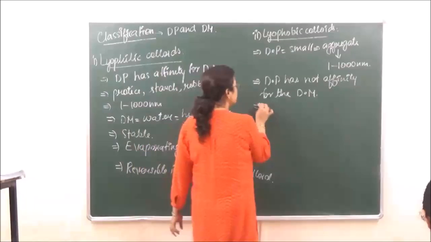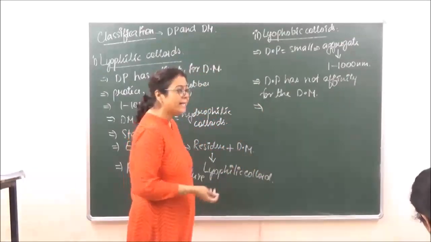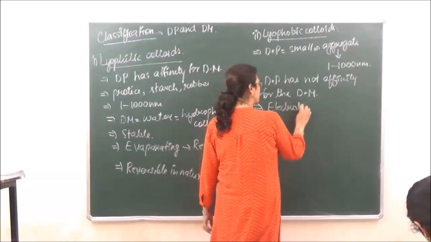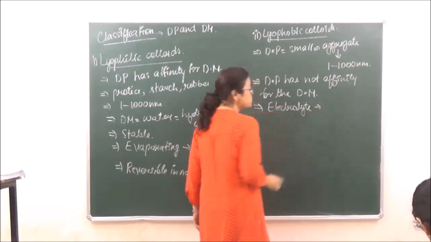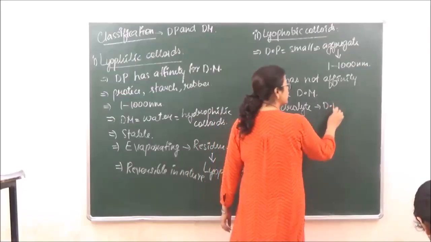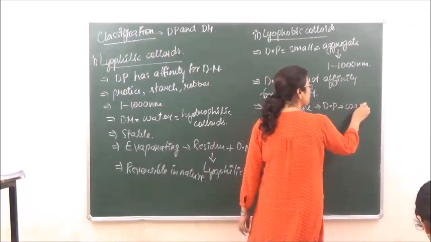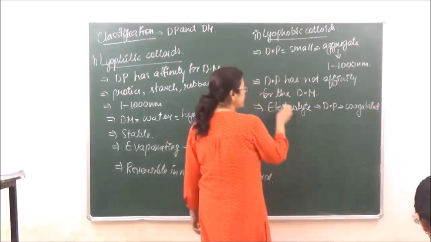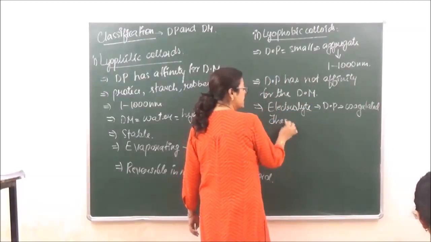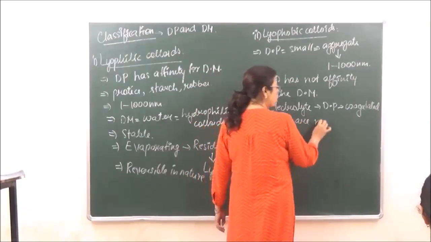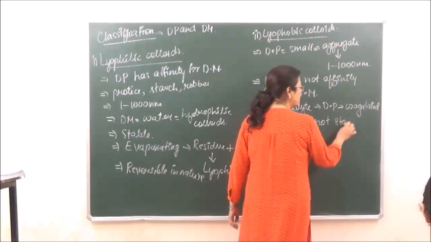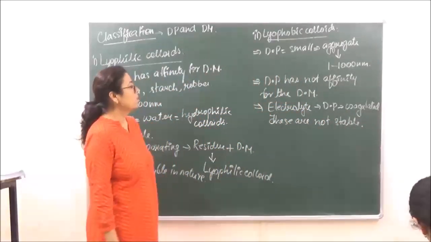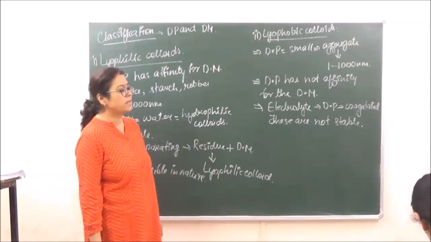And if we put some electrolyte in these colloids, if an electrolyte is added, the dispersed phase gets coagulated. This we will study later. They get coagulated. Therefore, we say that these are not stable, or they are unstable in nature.